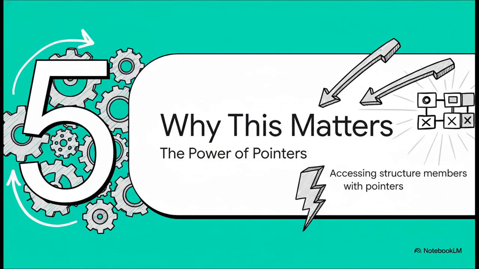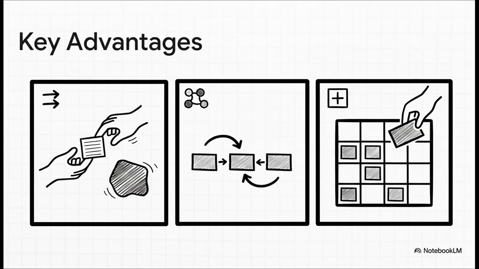So, why do we even bother with all this? Pointers, special operators? It might seem like a lot of extra trouble, but the reason is, this technique unlocks some of the most powerful and efficient programming patterns that exist. It's a total game changer. First up, pure efficiency. Imagine you have a massive data object.